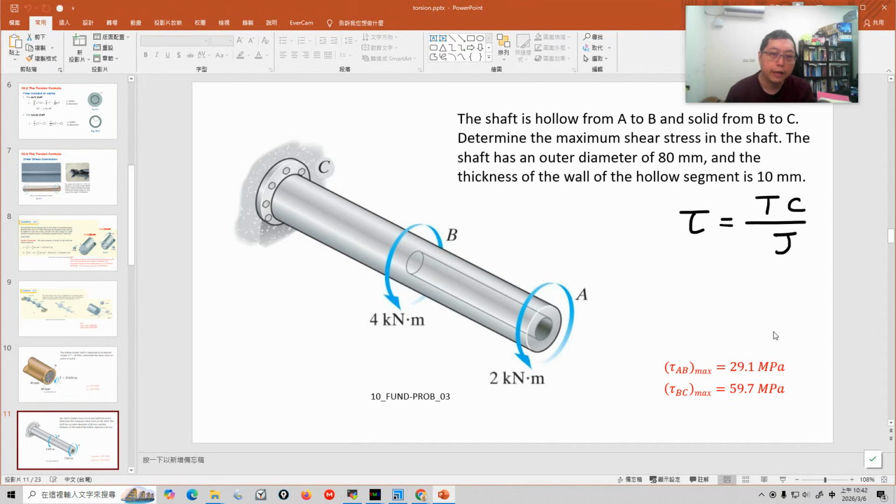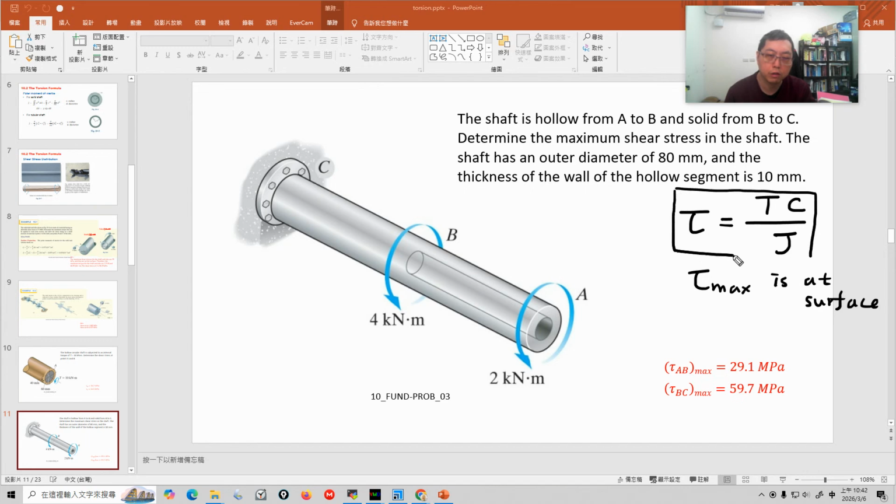From this shear stress formula, we know the maximum shear stress is always at the surface, because this formula tells you the shear stress is distributed along the radius direction.